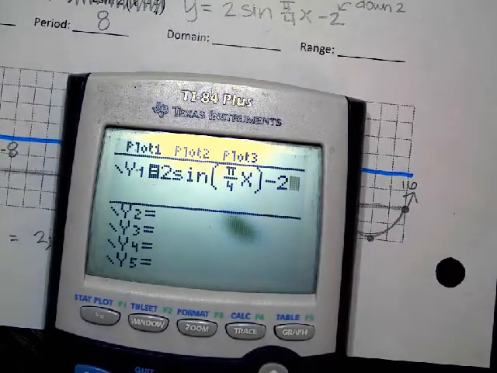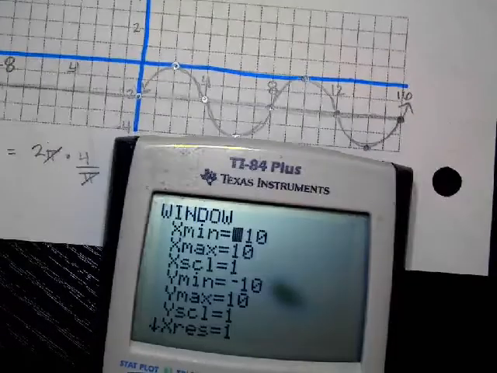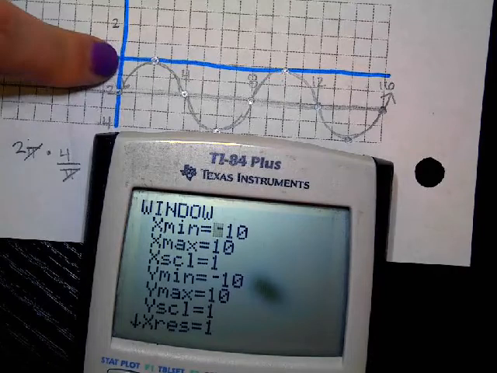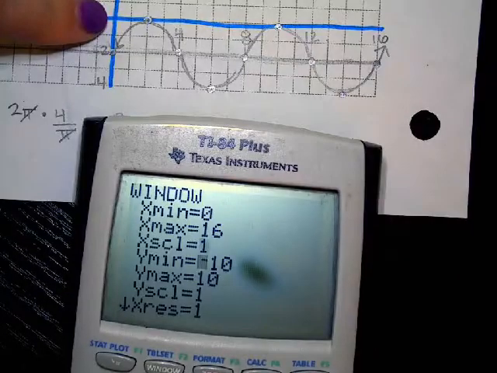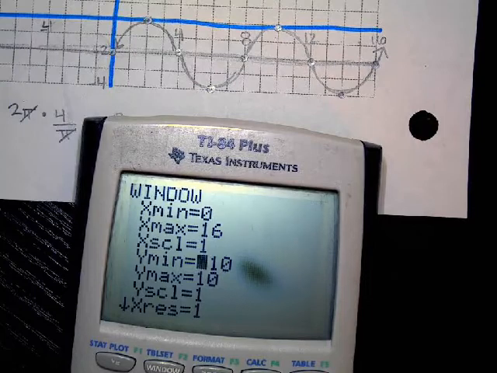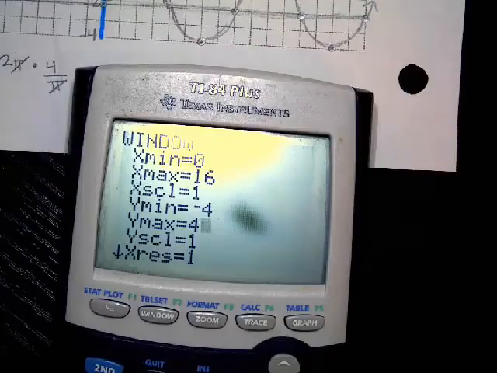And then the only part I graphed was from an x value of 0 to an x value of 16. And so I'm going to graph only that part. And then my y value I did from -4 to +4. So what I'm doing is I'm changing my window to match what I actually graphed. Does that make sense?